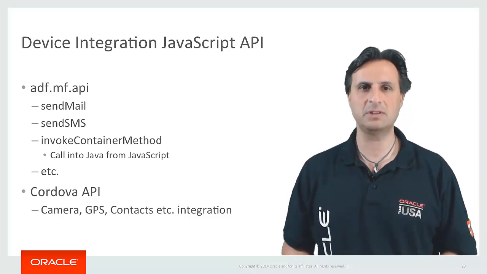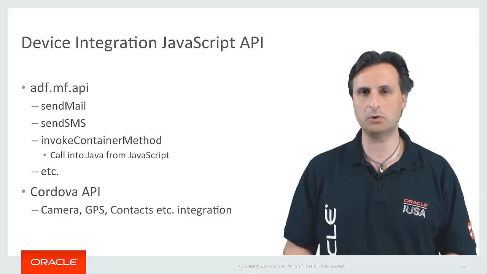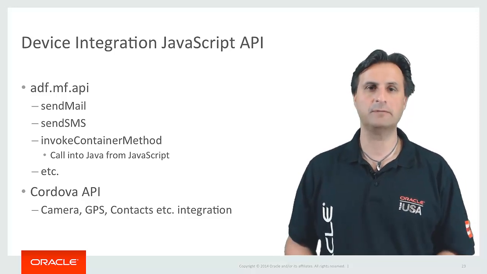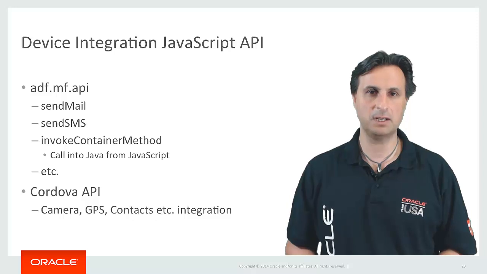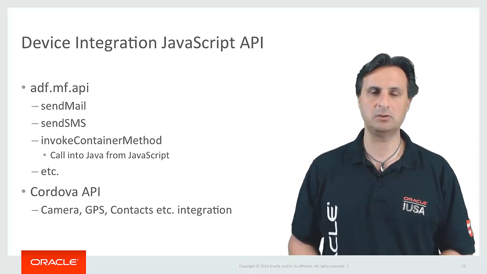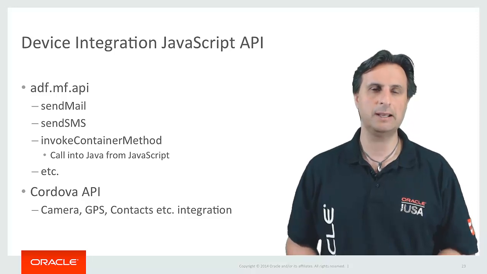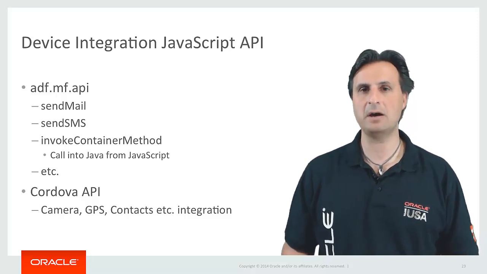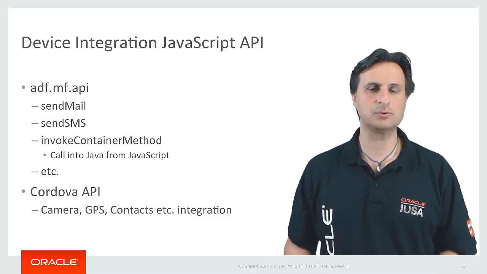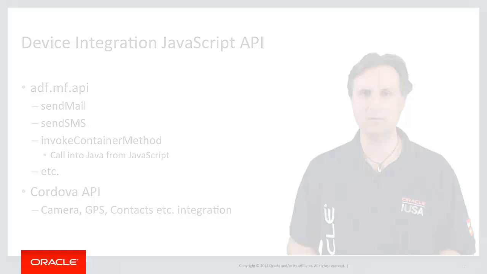However, I don't need to do that because the JavaScript API itself provides that functionality. So more on integration, on interaction feature to be able to invoke Java methods from JavaScript. If, however, you're an HTML developer, if you work with local HTML, you use the local HTML feature in MAF, then the JavaScript API is your way of accessing the functionality on the device, and it goes through the Cordova API.